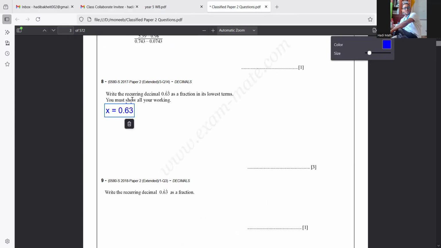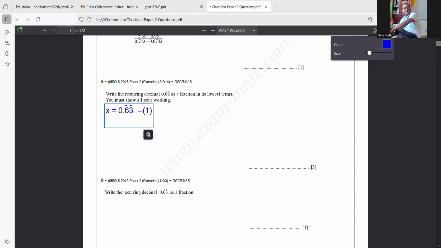After you do this, now go and check your number. Is the first digit after the decimal point part of the recurring? If yes, you will call it immediately equation 1. If no, you need to make it so, and then you will find equation 1. This is equation 1. Then you need to multiply by 10 or a power of 10, according to the recurring digits.